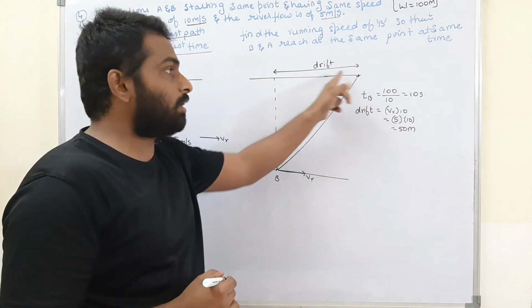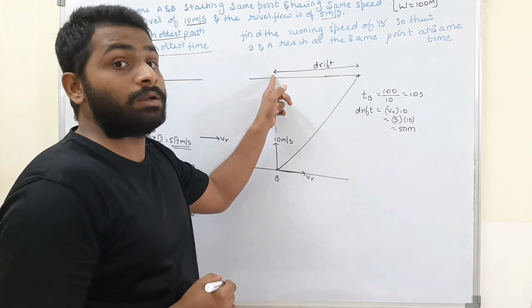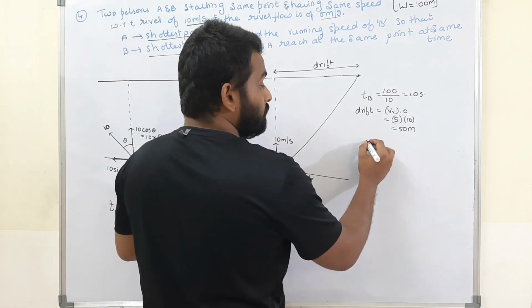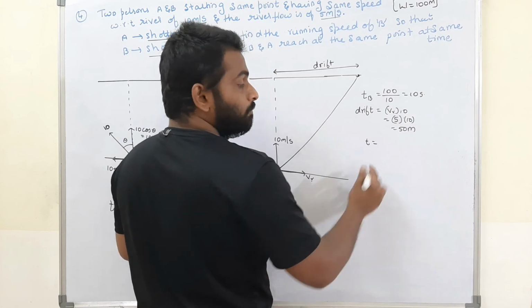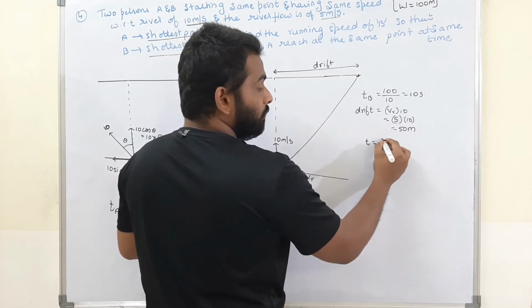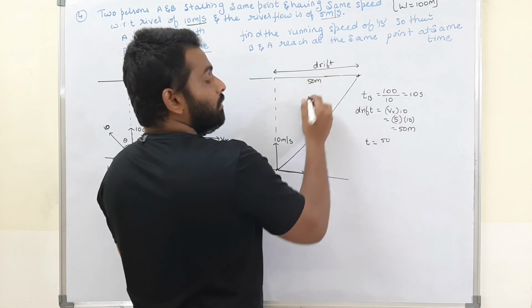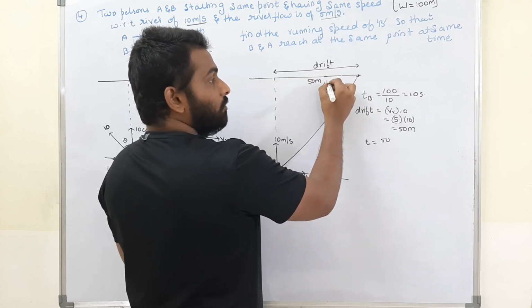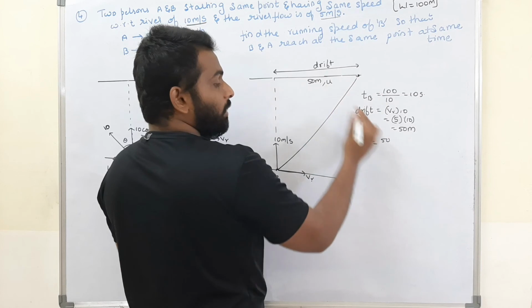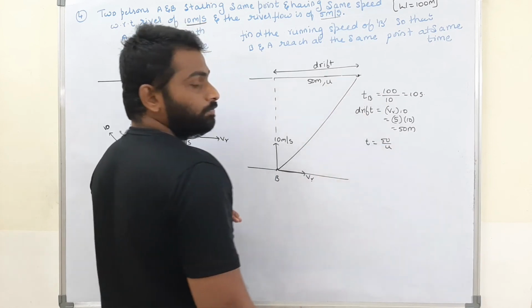Now from here to here, he has to run. Therefore, what is the time taken? From here to here he has to run, that is, the drift is 50 meters. Assume he is running with the speed u. Therefore, what is the time? 50 by u.